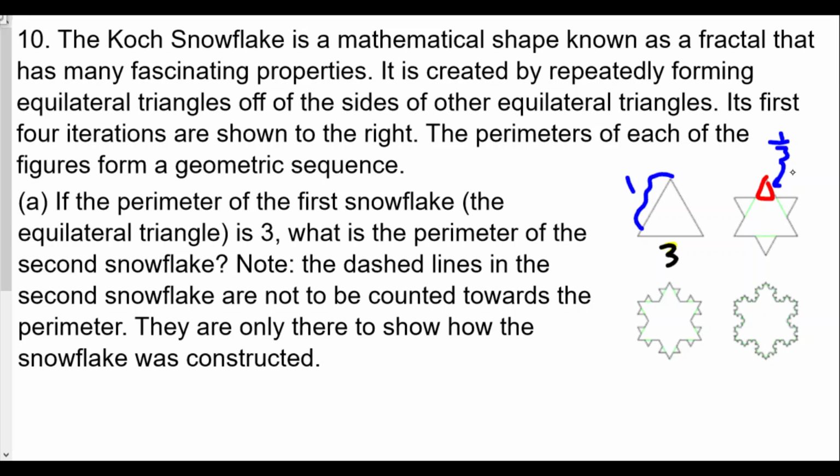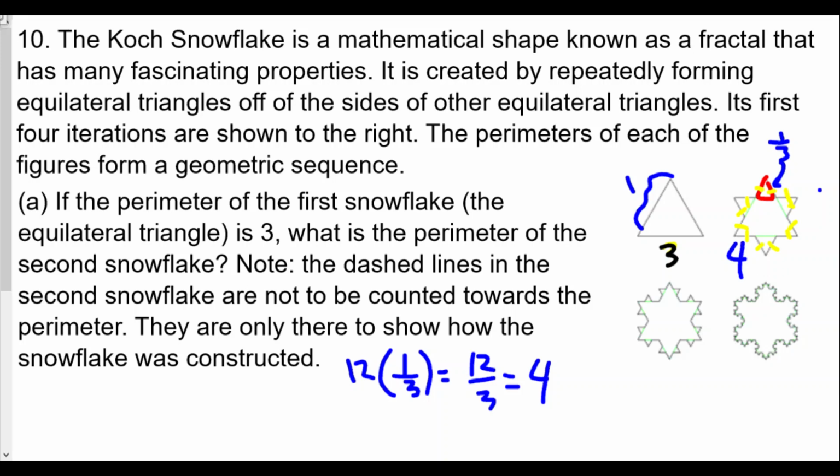And so now each of these sides here is 1/3, and we have, in this case, I'll mark them off, 1, 2, 3, 4, 5, 6, 7, 8, 9, 10, 11, 12. So we have 12 sides times 1/3. Okay, so 12 times 1/3 equals 12 thirds, or 4. So the perimeter of the second snowflake is 4.